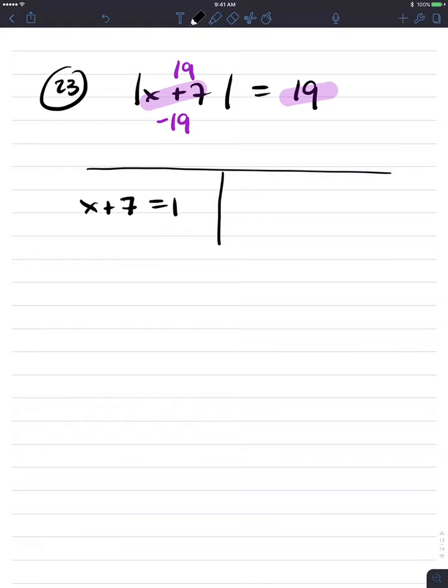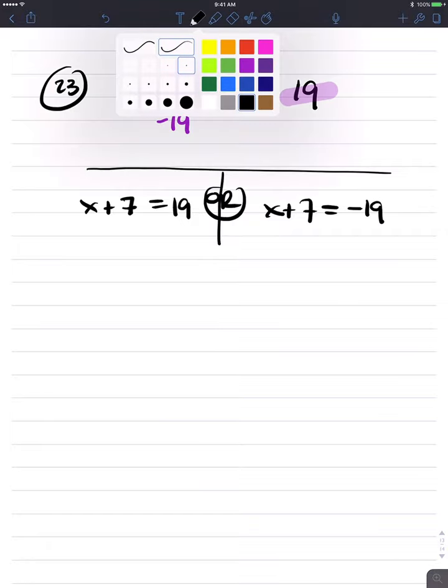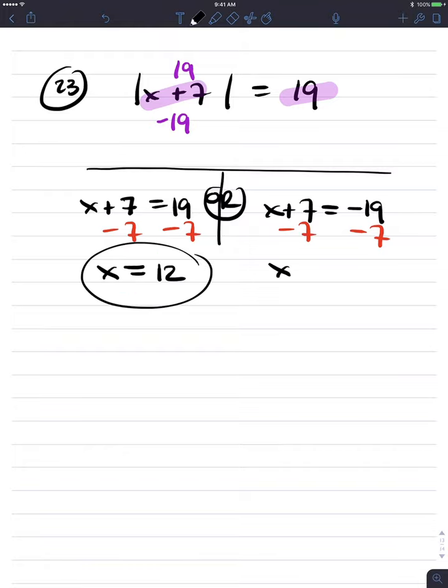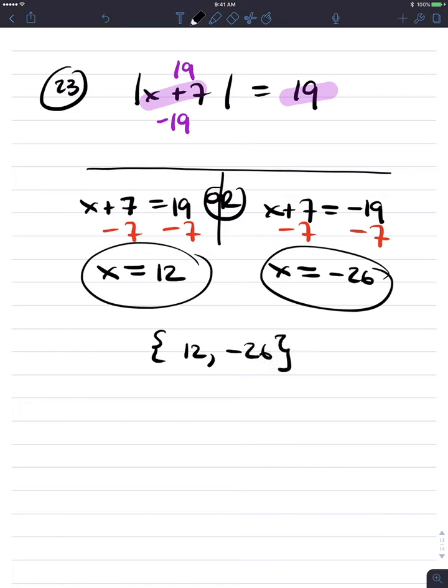X plus 7 is positive 19, or x plus 7 is negative 19. I'm going to subtract 7 from both sides, and we get x is 19 minus 7, which is 12, or x is negative 26. These are the values of x that satisfy the absolute value equation. And we're done.